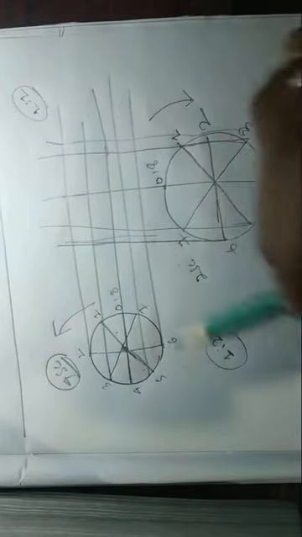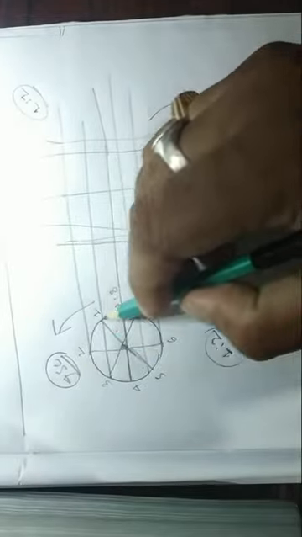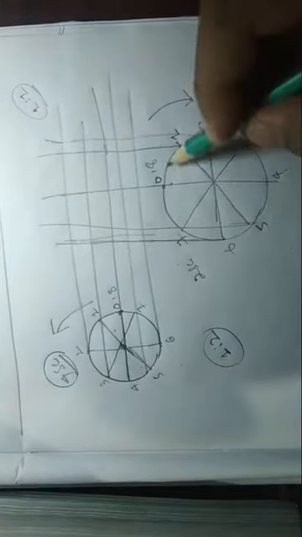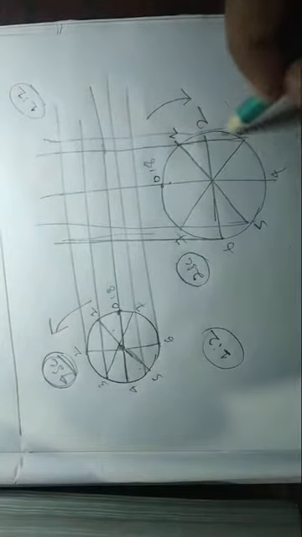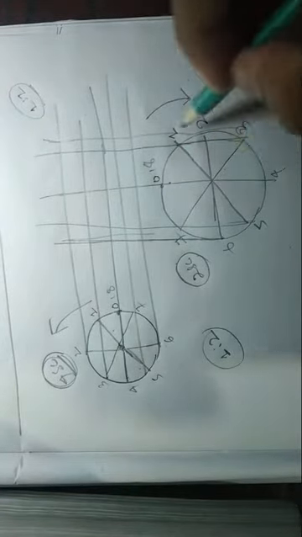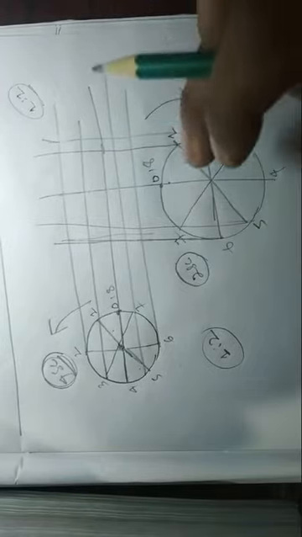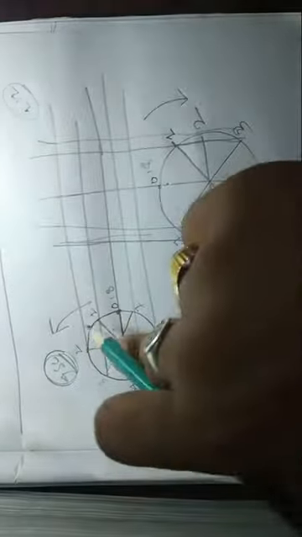This particle takes 4 seconds to complete one rotation, and that particle takes 2 seconds. So in 4 seconds, how many times will it complete the rotation? 2 times. This particle will complete 2 full rotations compared with this one.